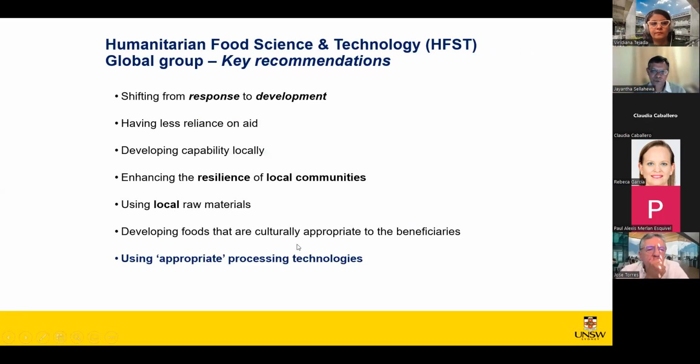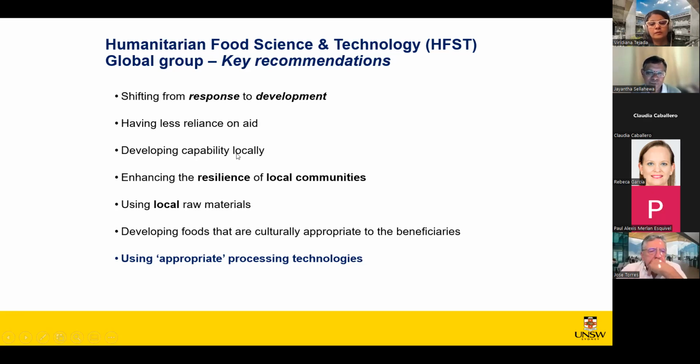So I'm not going to go through this in detail. These were the recommendations we made, because these are all explained in more detail in our paper, and I'll give you the reference in a minute. But very briefly, we recommended that when there's a response to an emergency, rather than just reacting, we should also think about development. This is long-term. And also the beneficiaries should change their mindset rather than relying on aid.